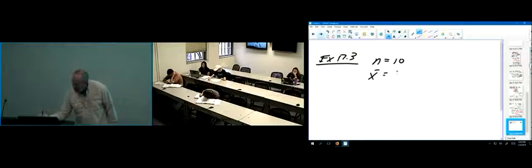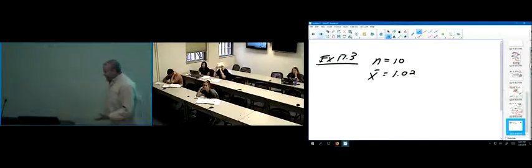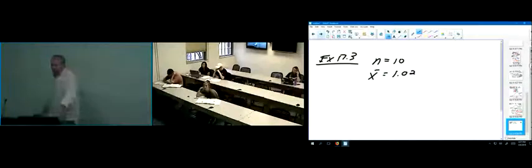They do the same experiment again. N is equal to 10. They get a different x bar. X bar this time turns out to be 1.02. Not 0.3. So on the average, those 10 trained tasters thought it lost at least, on the average, 1 point of sweetness being in storage.